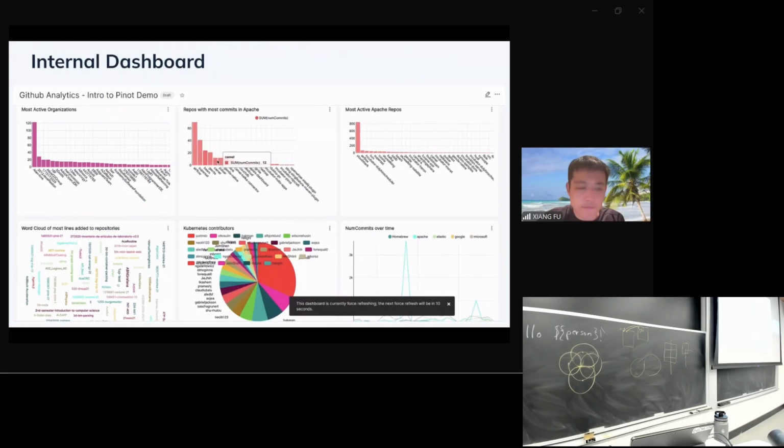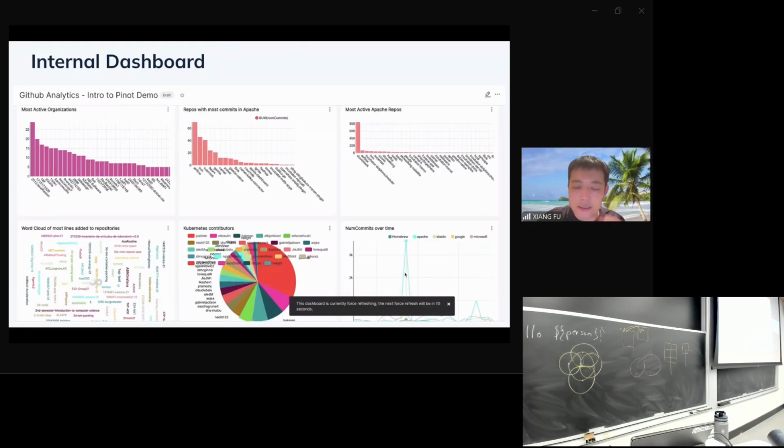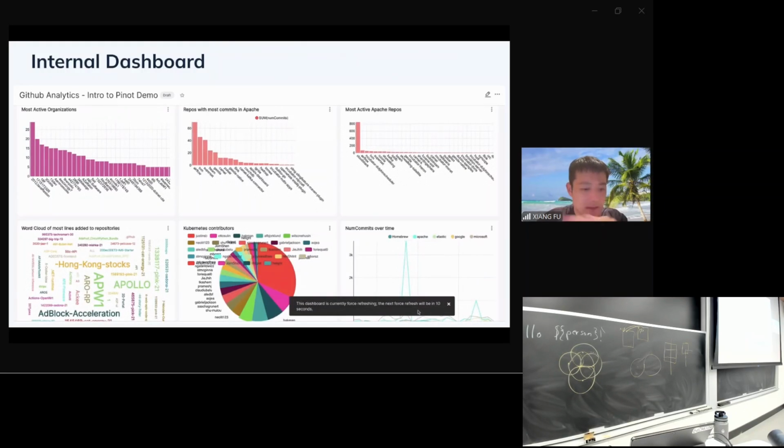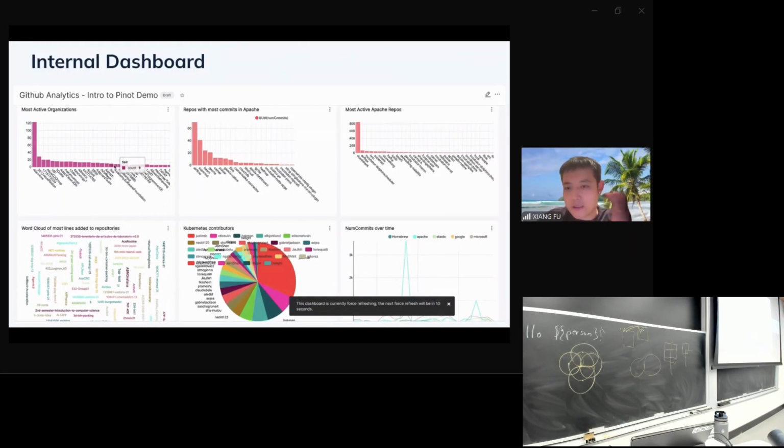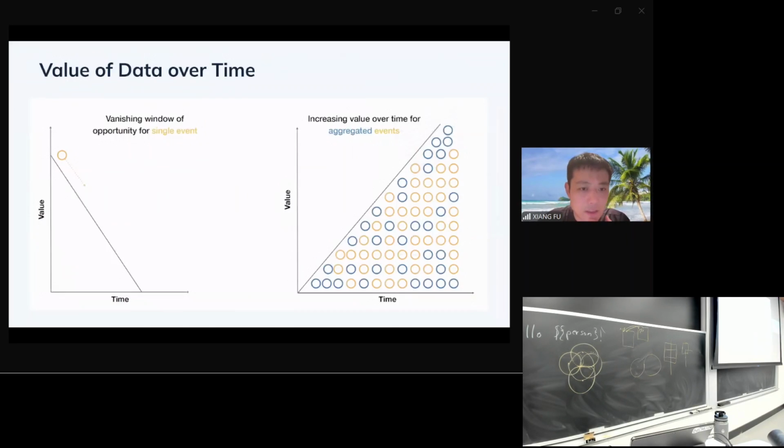The last one is internal dashboards. Everyone wants to know how their business is doing, what those numbers mean. So they need a lot of data visualization, and analytical databases power all those dashboards.